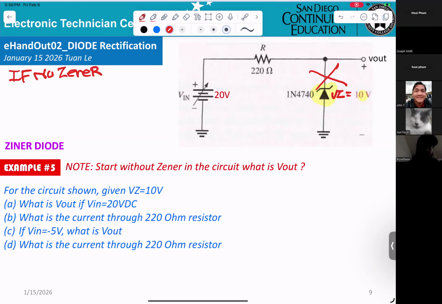What happened? 10 volts? What does V out equal? 10 volts? How come you get 10 volts? I say no V out, no zener. That means I take the zener out.